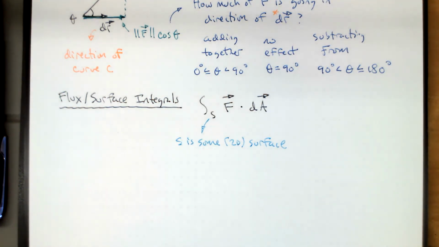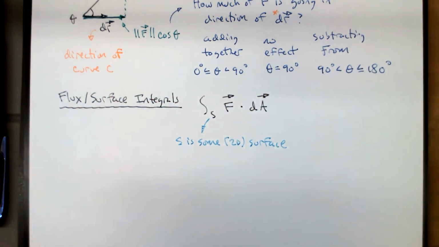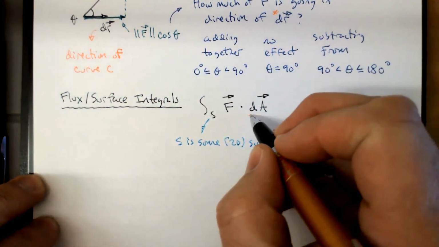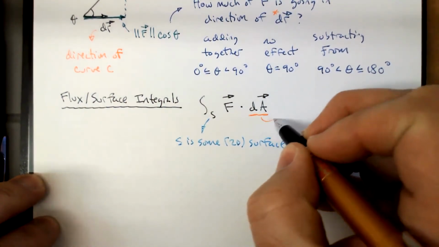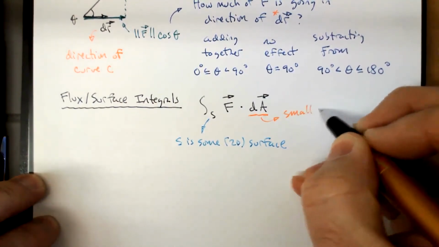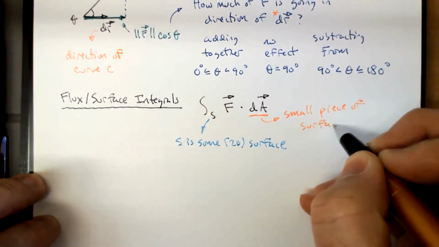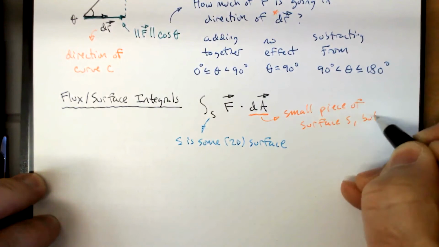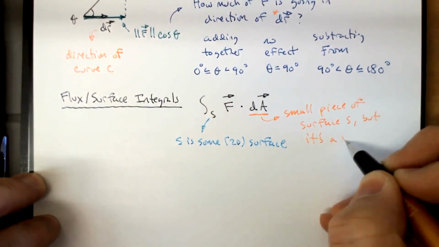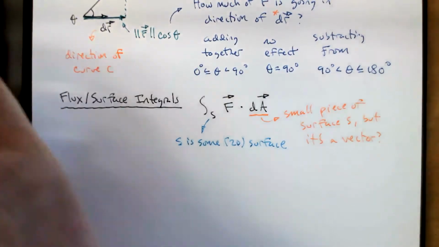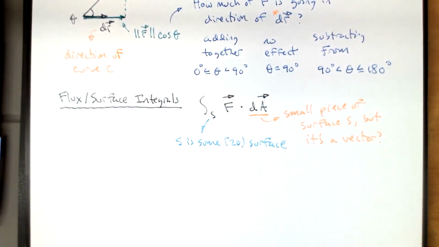We have to think about what this dA might represent. The dA is a small piece of the surface, but it's a vector.